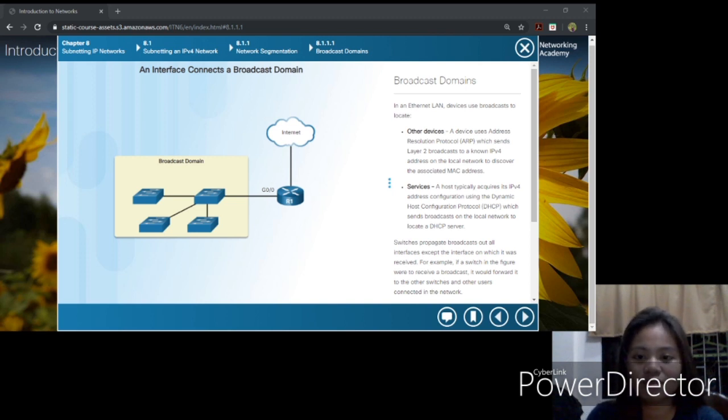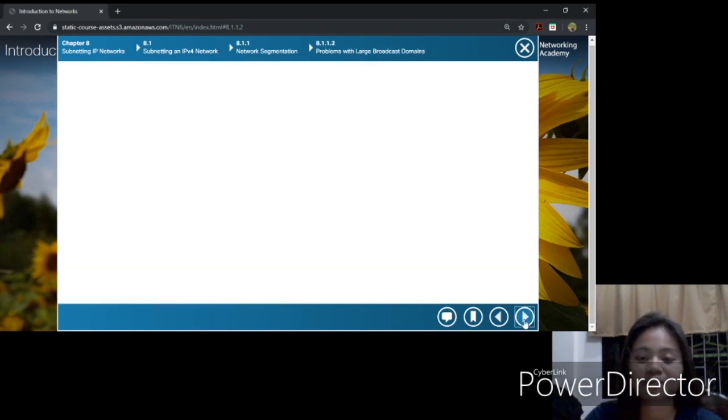Next are the services, which use the Dynamic Host Configuration Protocol to send broadcasts on the local network to locate a server. For example, when a switch is configured, if it receives a broadcast, it will forward it.